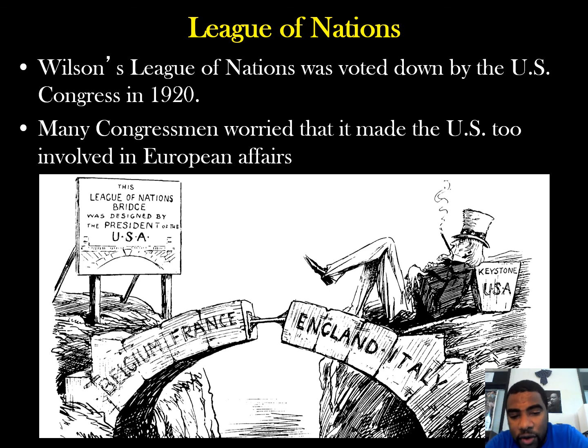Moving forward, and then you can see the missing piece of that disconnect is under the head of Uncle Sam, and that keystone was the United States. So they couldn't build that bridge without the U.S.